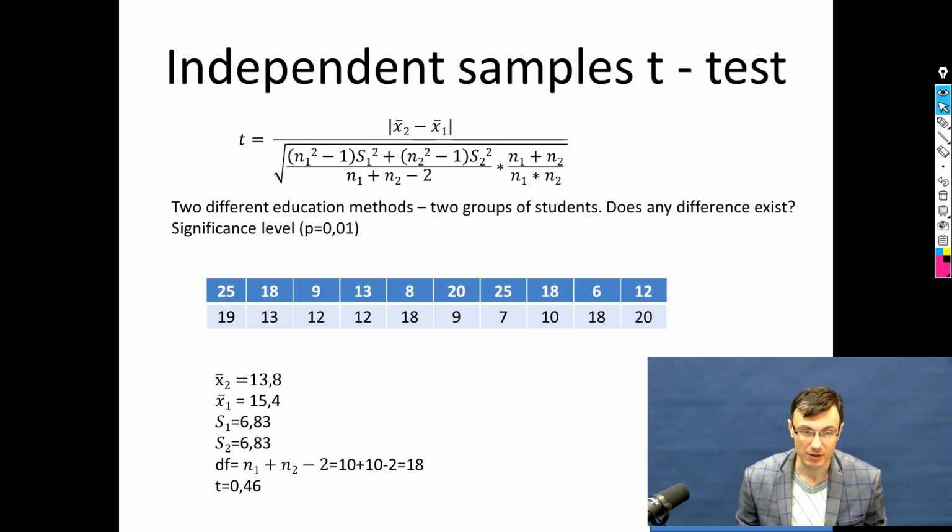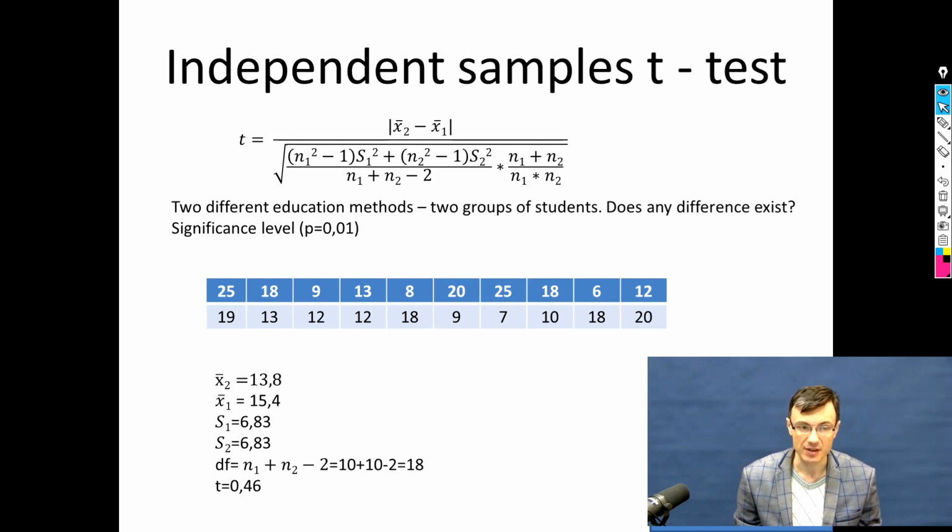Let's have this example: there are two different education methods applied to different groups of students. Does any difference exist between these two methods at significance level alpha of 0.01? So it's a 1% chance of error if we reject our null hypothesis.